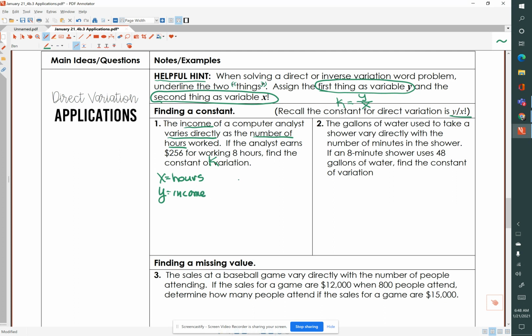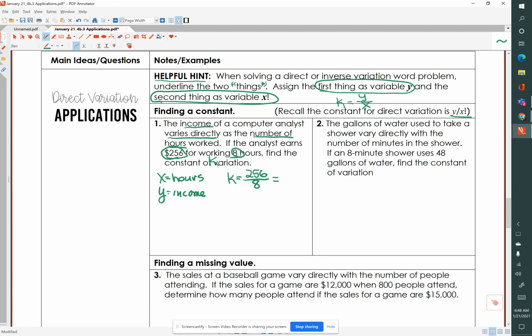and I know that k equals y over x. So k will equal, what is the income? $256 over, let's see, worked 8 hours, over 8.